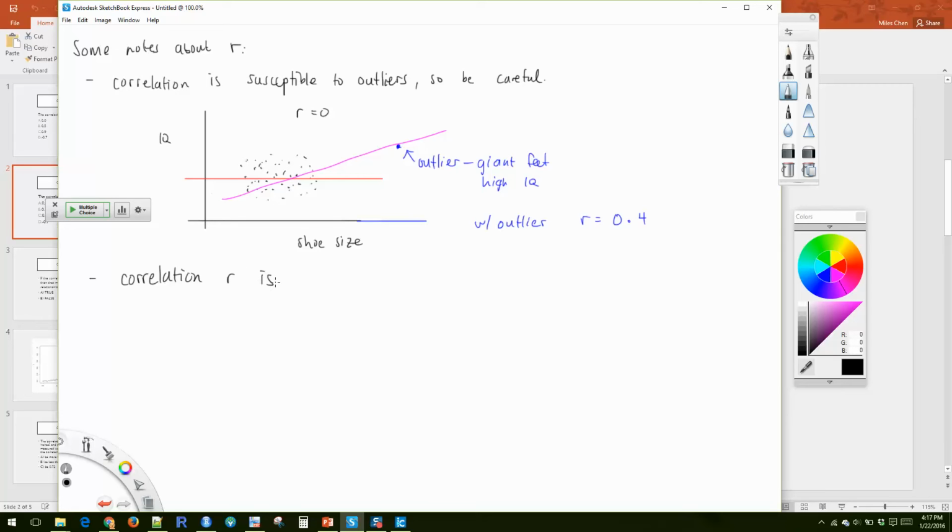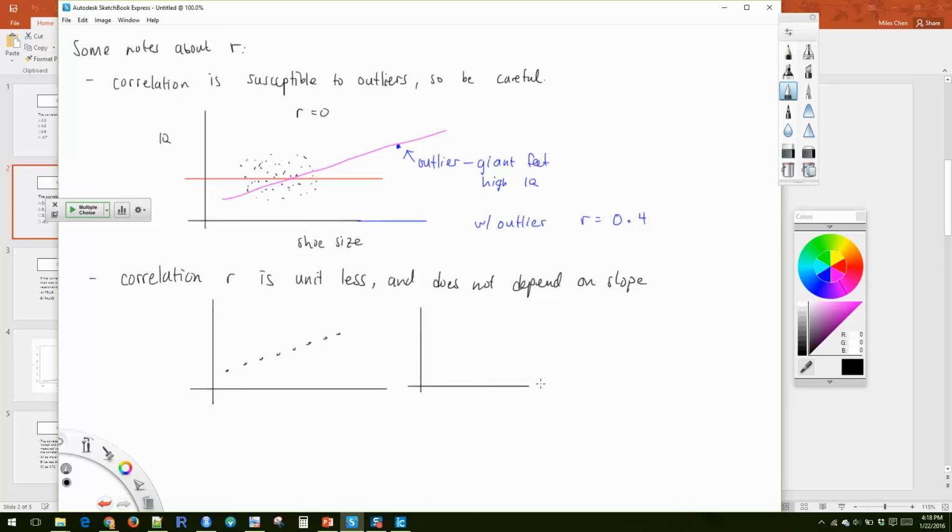Correlation r is unitless, and does not depend on the slope. So we could have two plots like this.